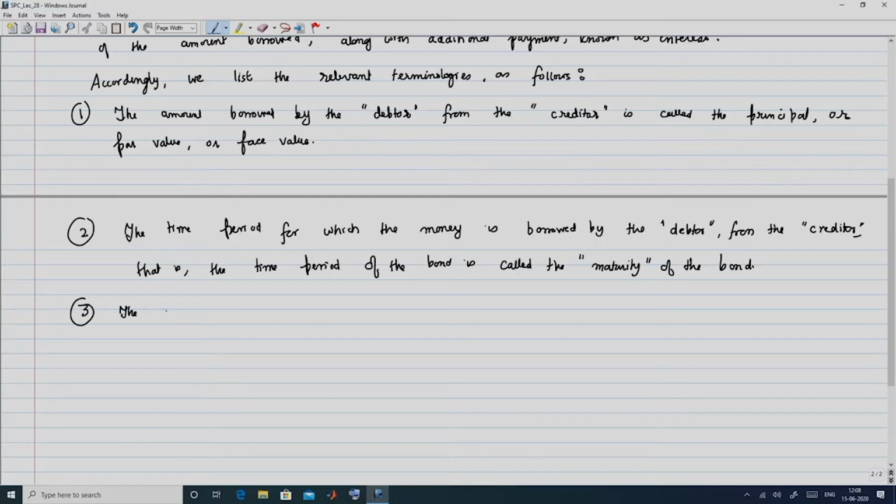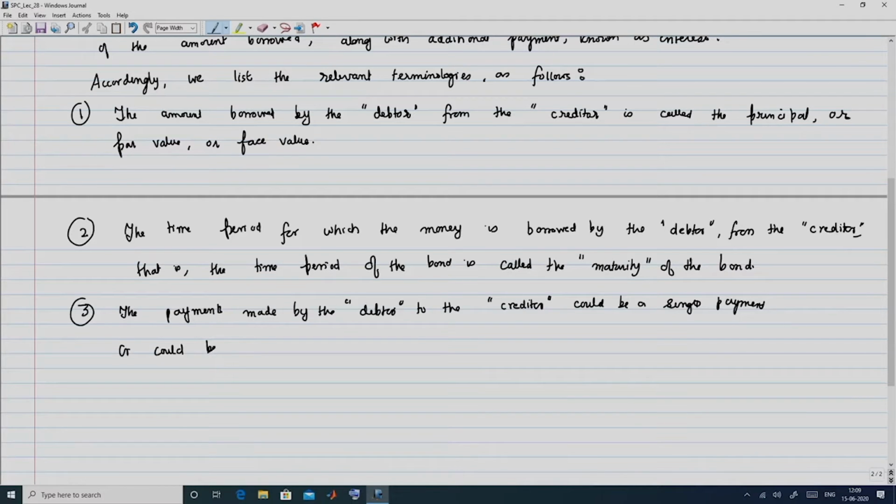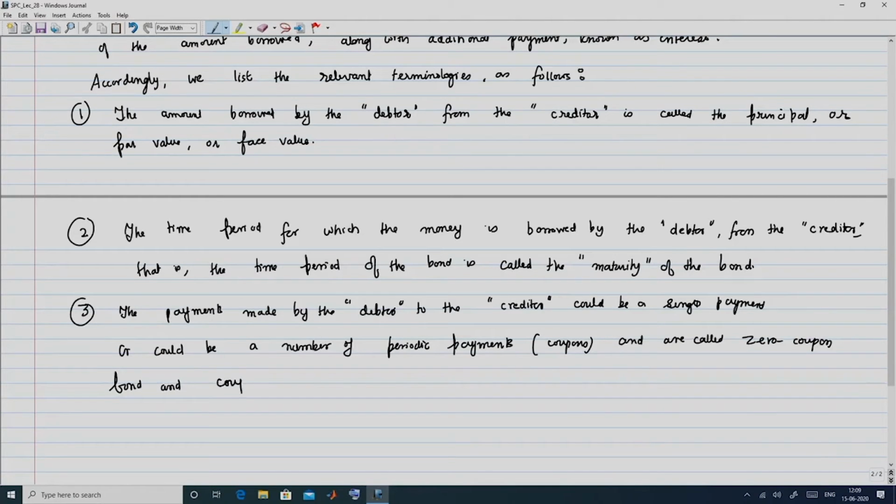Thirdly, the payments made by the debtor to the creditor could be a single payment, or could be a number of periodic payments or coupons, and these are called a zero coupon bond and a coupon bond respectively.